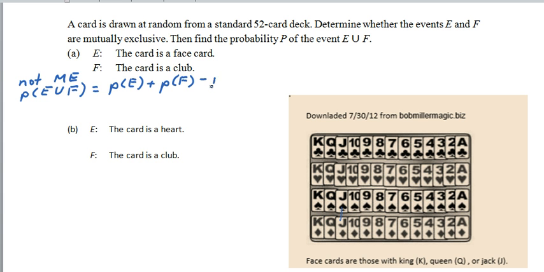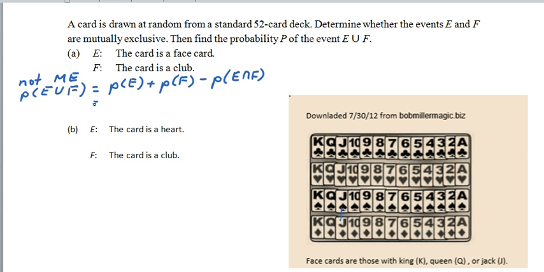We have to subtract the probability that both occur at the same time, which they can, because the Jack, Queen, and King of clubs are both clubs and face cards.